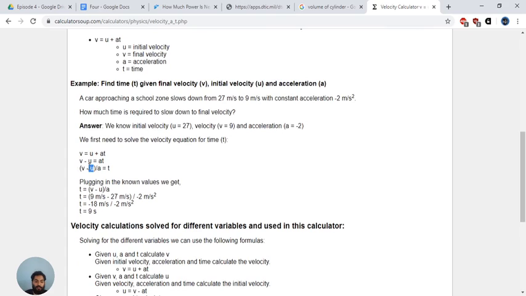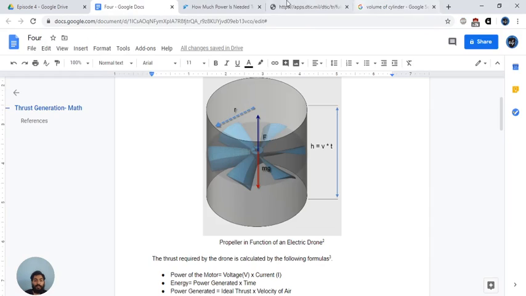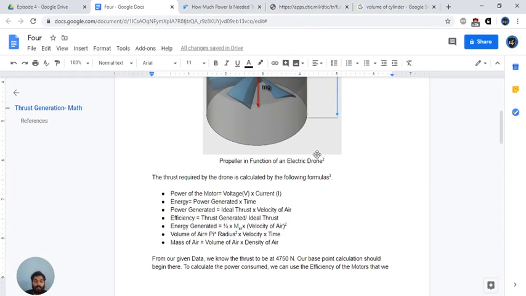So U is going to be 0. You can calculate the V using your gravitational acceleration, and then you're going to calculate the time. Let's say 9 seconds, 10 seconds. You can calculate the velocity, but you are not calculating the velocity of a thing going downwards. You're calculating the velocity of air, right? So for that, how do you calculate the velocity of air? For all these, we have the following equations over here.